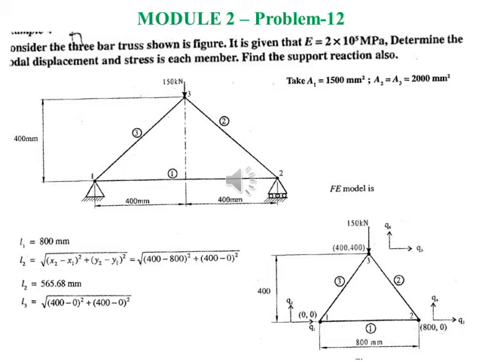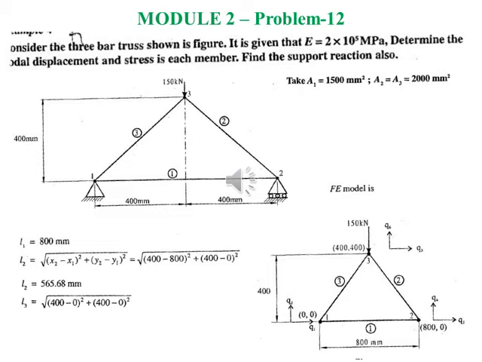So calculating the length of each of the elements. We have 400 and 400, that is 800 millimeters is the length of element 1, and for element 2 we have to calculate the value by using the Pythagoras theorem, which is equal to square root of 400 mm square plus 400 mm square.